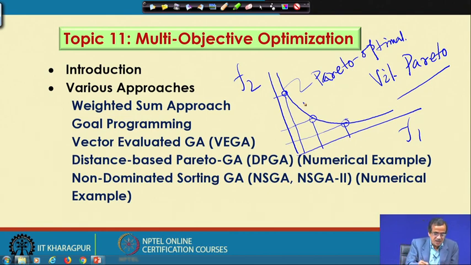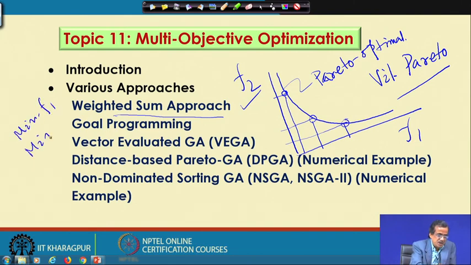Now, if I concentrate on this weighted sum approach, almost similar to this we use a particular method. Supposing that in the weighted sum approach I have got 2 objectives which are to be minimized: minimize f1 and minimize f2.